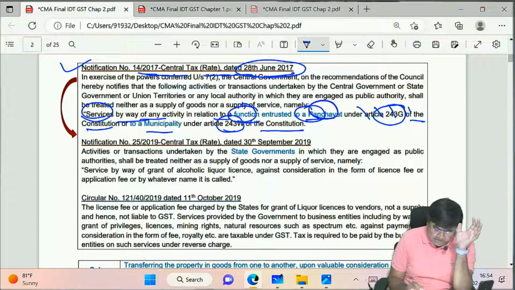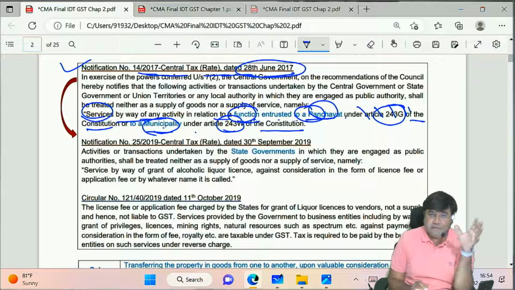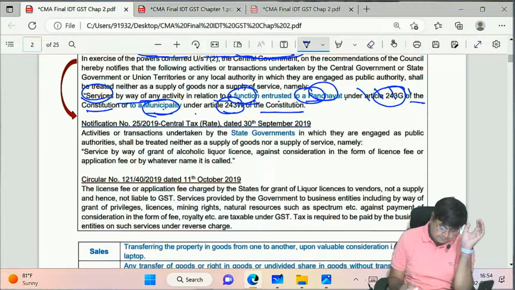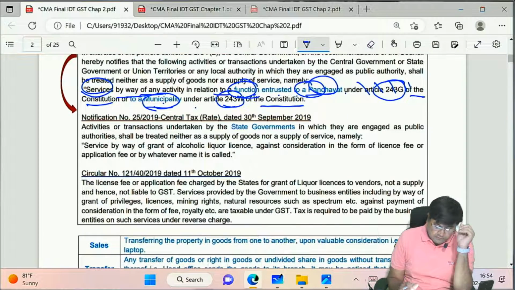Just remember panchayat or municipality. So services by way of any activity in relation to a function entrusted to a panchayat or municipality are notified by the government under section 7 subsection 2 clause B. So these services are neither supply of goods nor supply of services, so of course not subject to GST. Then there is another notification.